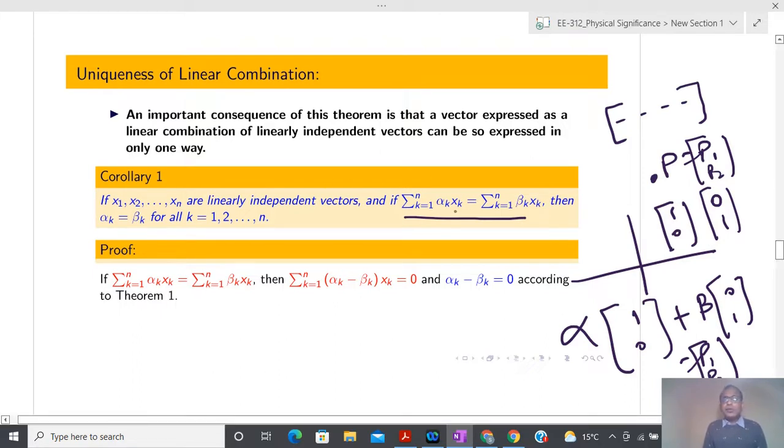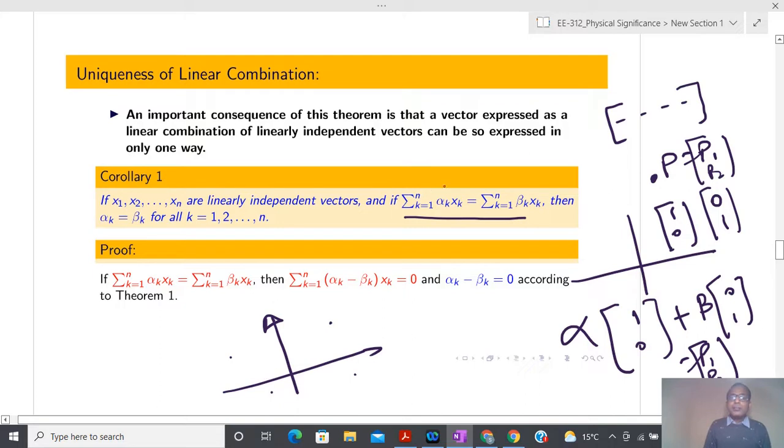So the main theme is that if I have a space, then I can select a spanning set in infinitely many possible ways. But once the selection is over, the representation of each point with the help of the selected span is always unique.